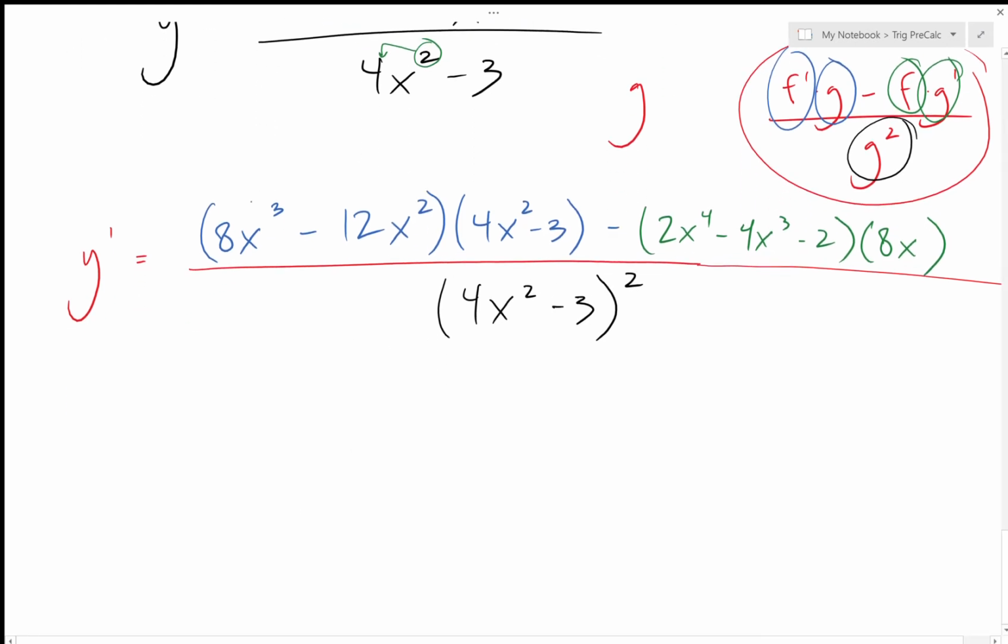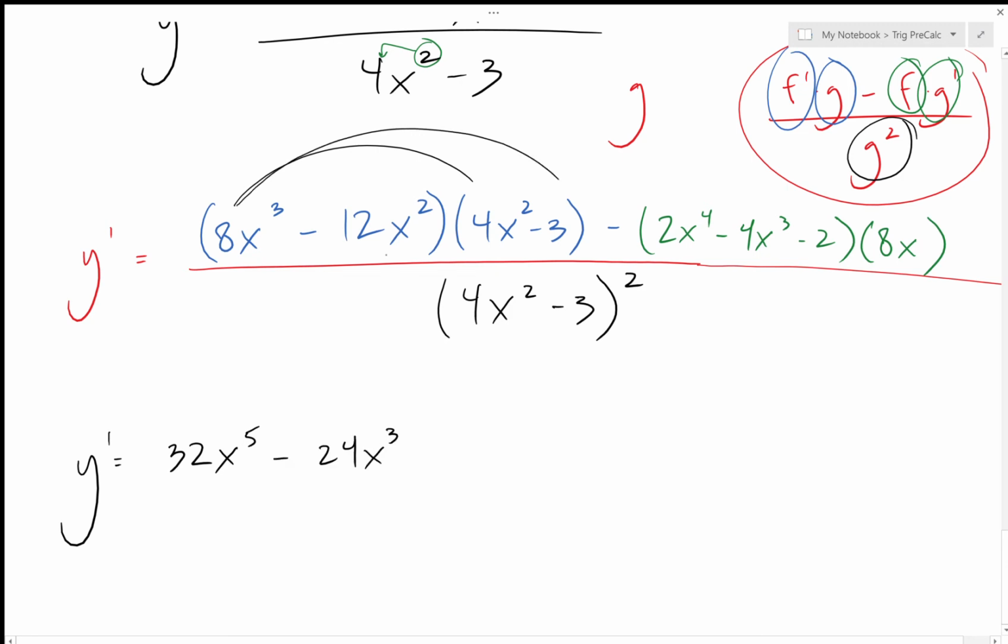Alright, so we've got a lot of work to do on the top, and this looks like FOIL here. 8x cubed times 4x squared is a 32x to the 5th, minus 24x cubed, minus 48x to the 4th, and plus 36x squared.